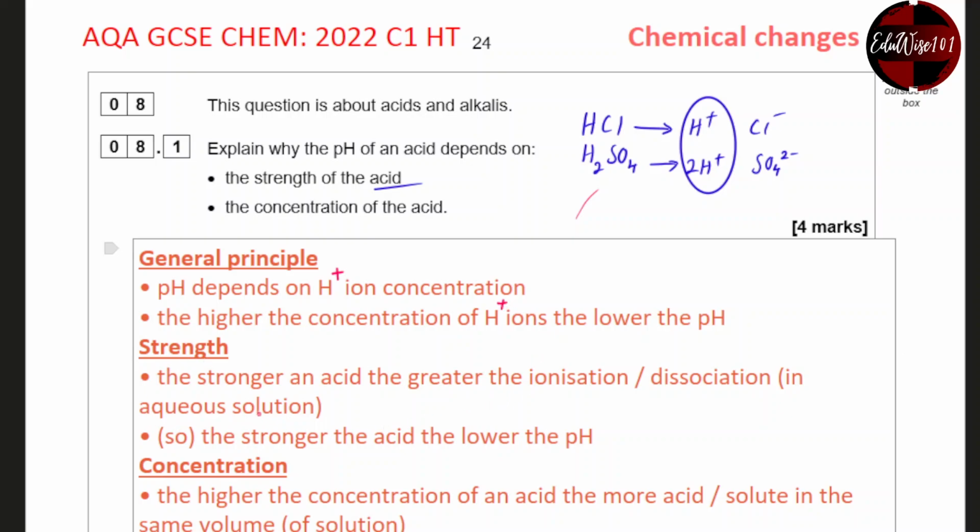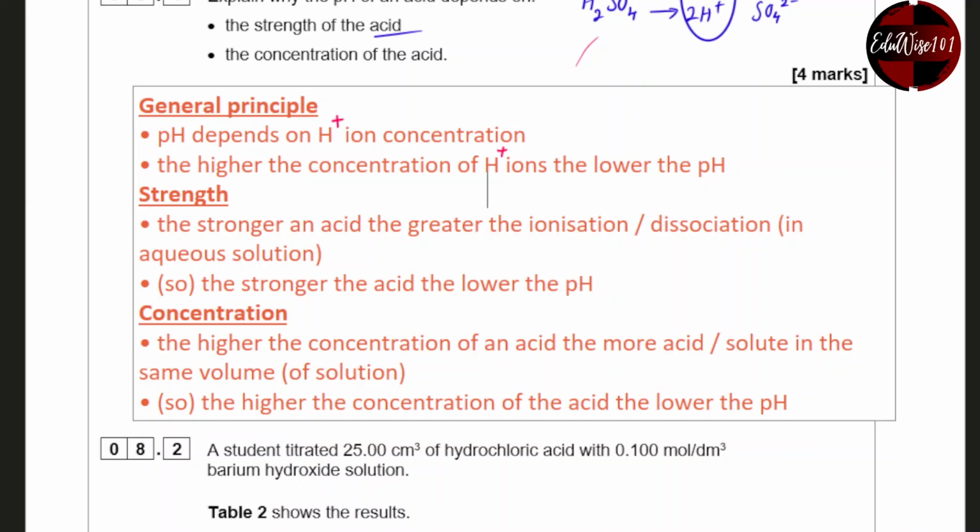The stronger an acid, the greater the ionization, meaning more dissociation, which will break down like this in aqueous solution. So the stronger the acid, the lower the pH. Concentration, the higher the concentration of an acid, the more acid or solute in the same volume of solution. So the higher the concentration of the acid, the lower the pH.